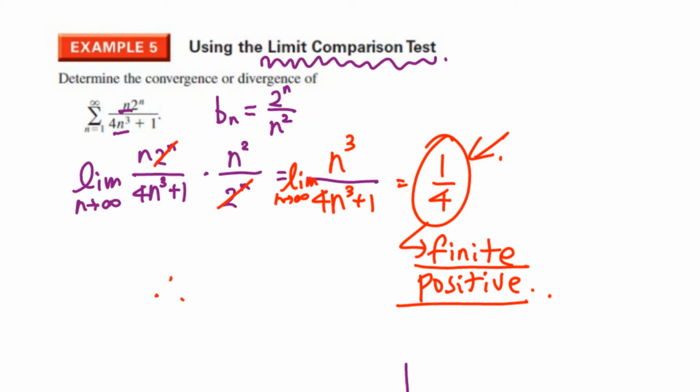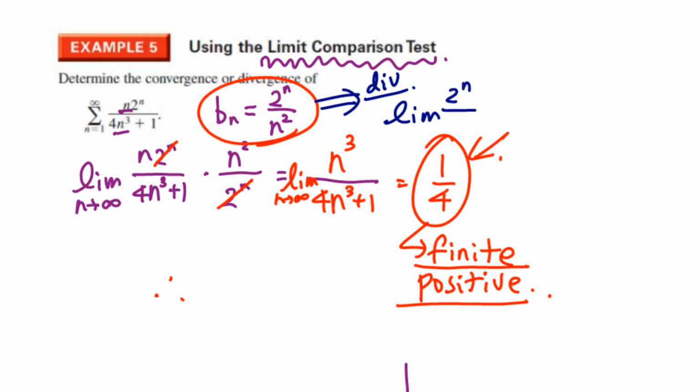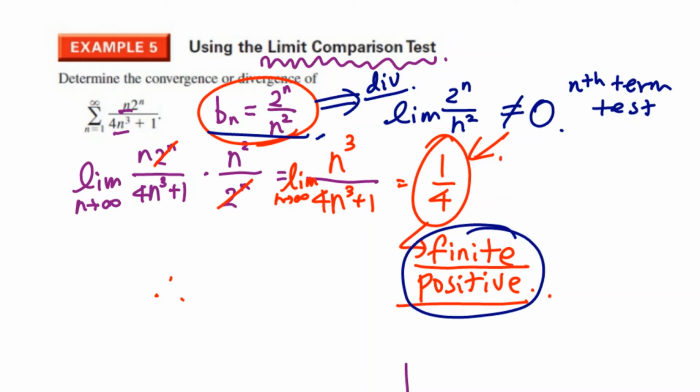In this case, Bn diverges, because the limit of Bn is not equal to 0, then according to the nth term test, it diverges. So because Bn diverges, and An over Bn gave a finite and positive number, my series diverges.